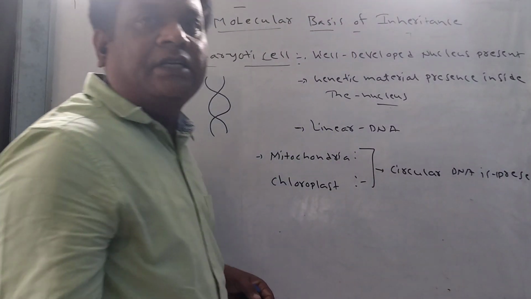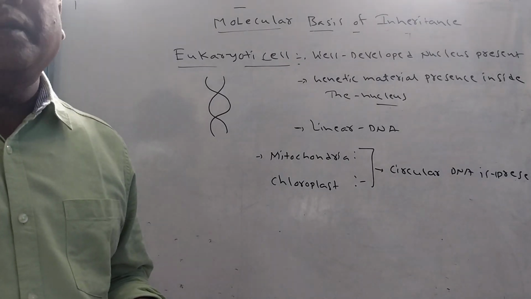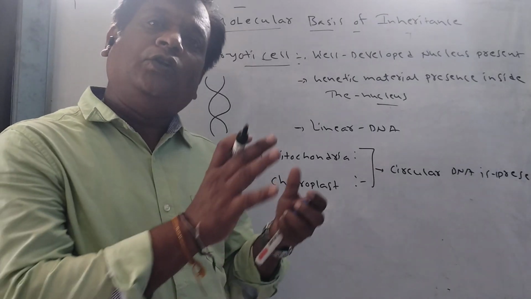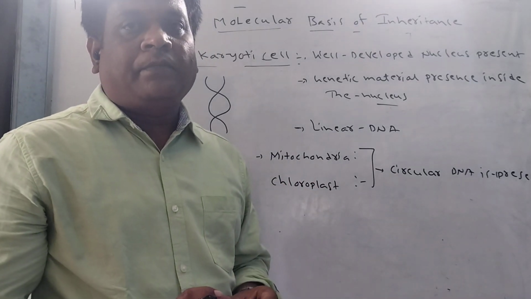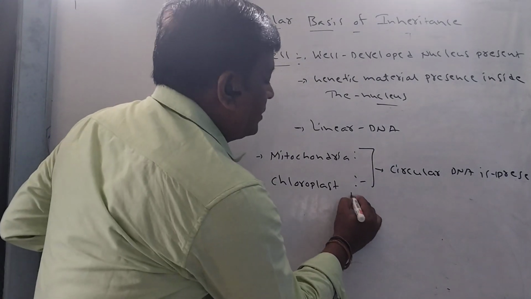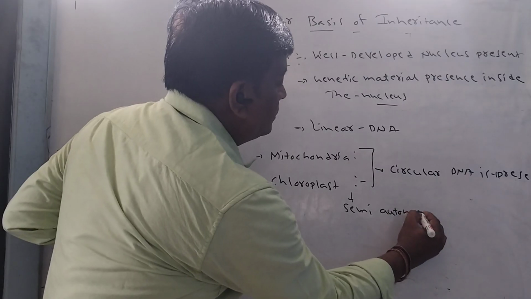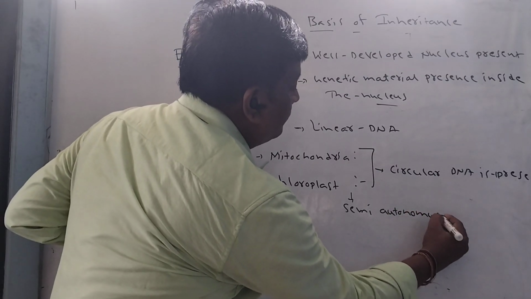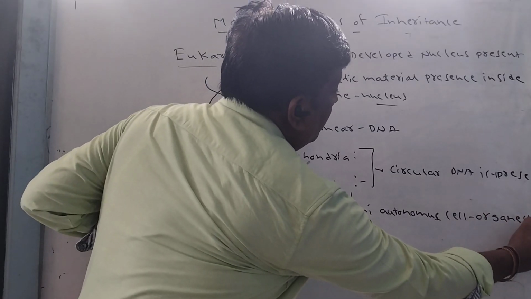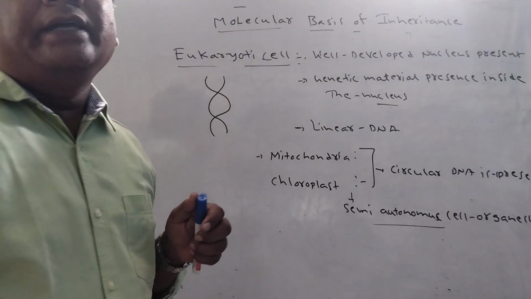These two cell organelles we call the semi-autonomous cell organelles. This means they replicate, but they depend on the nucleus for the replication process. That is the reason we call them semi-autonomous cell organelles. Autonomous means they are totally free, not depending on others.